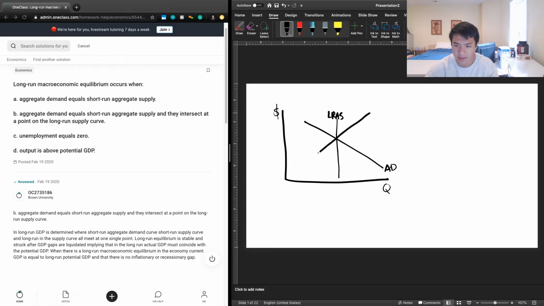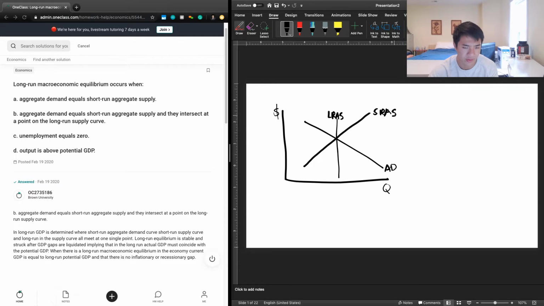And then intersecting at the exact same point, we have short-run aggregate supply. And so this is what we would say is the long-run condition for the dynamic aggregate demand aggregate supply model. And the reason is because all three lines we have are intersecting at the same place.